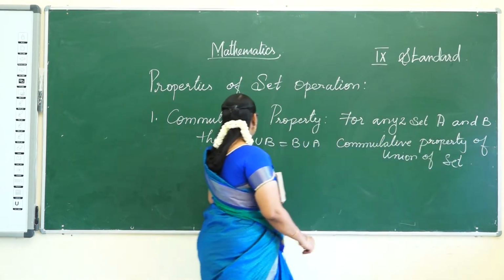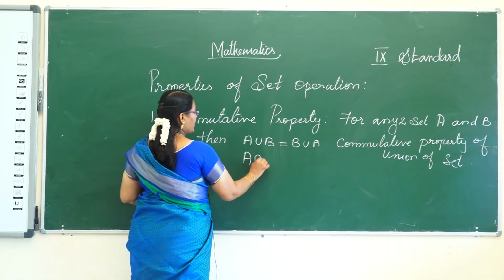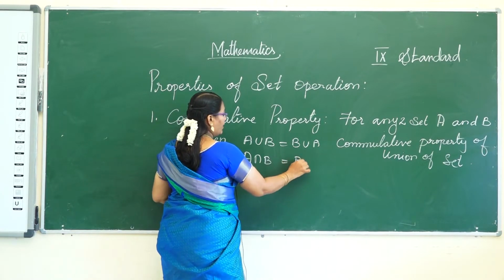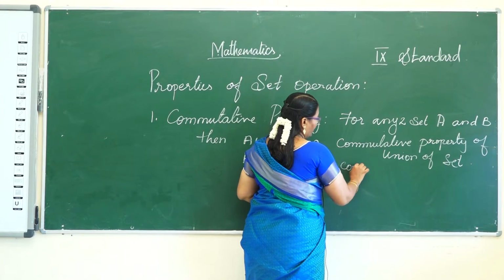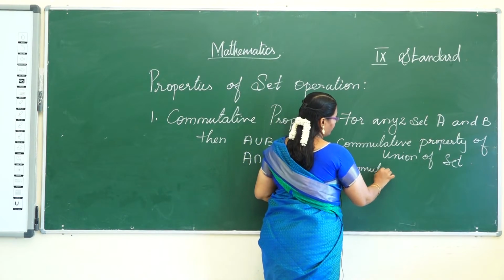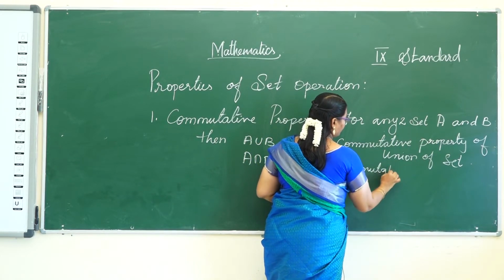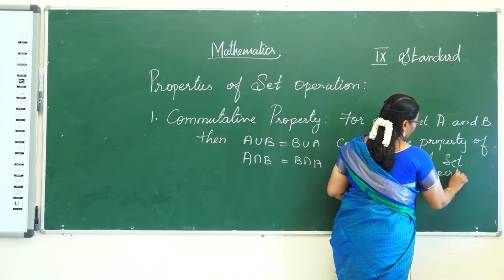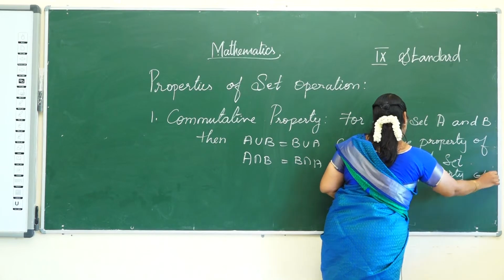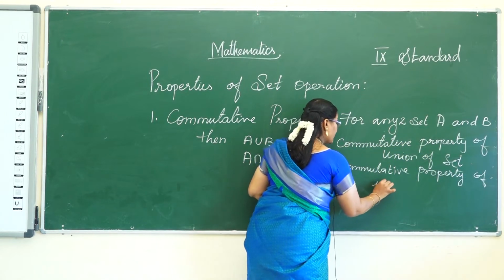And second, for any two sets A and B, A intersection B is equal to B intersection A. Then it is called the commutative property of intersection of sets.